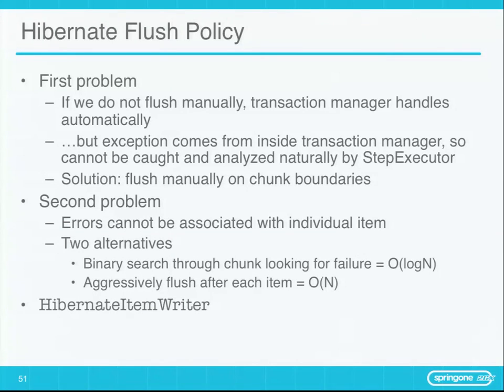We can actually aggressively flush after every single write, but that defeats the point of having chunk-oriented processing, right? We can search through the chunk looking for failure, so that if you have a chunk of 10, you'll pay the cost of looking for the error over 10 records, right? And a lot of this stuff is all wrapped up inside the Hibernate item writer. But my personal opinion is maybe just don't use Hibernate for this kind of stuff, you know?